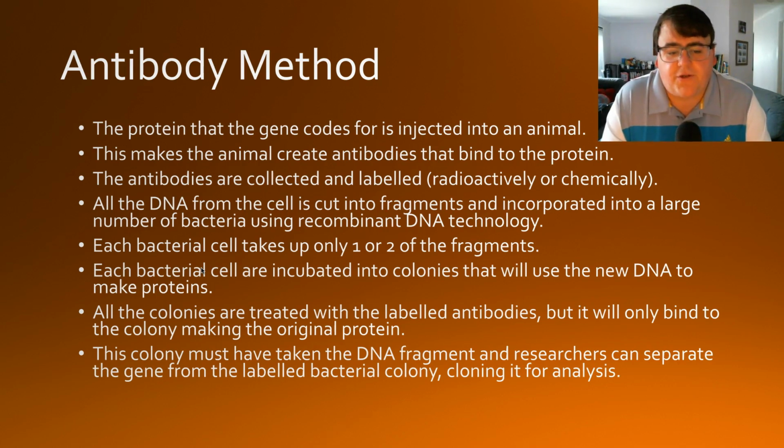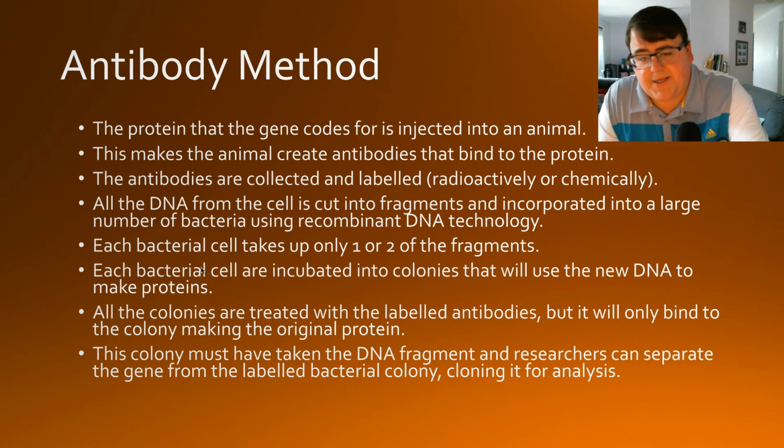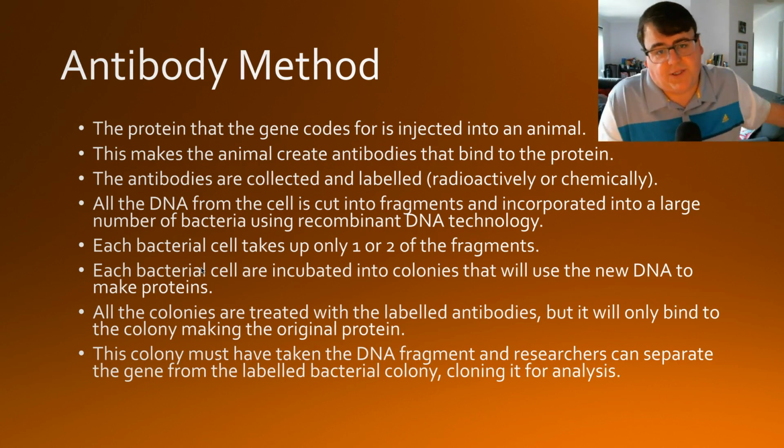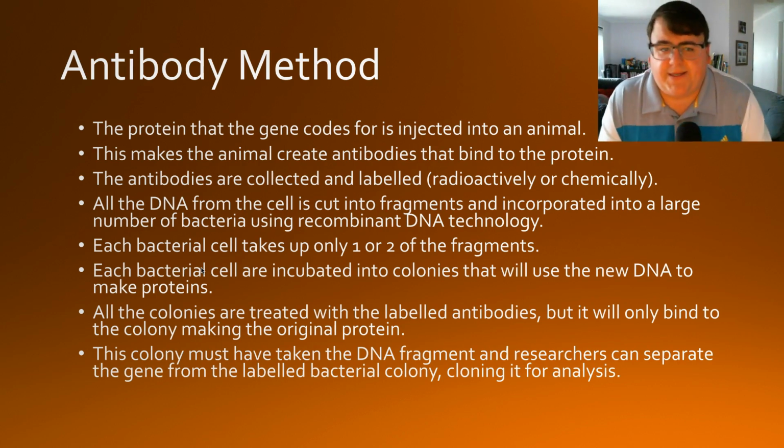So all we need to do is look for the colony that's been bound by the antibodies, and then we can figure out, alright, that bacteria had this fragment with this gene inserted into it, therefore this must be the fragment that codes for this protein. So it's working backwards basically.